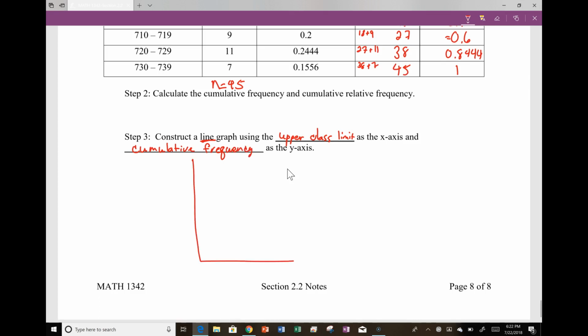So if I draw my lines here, my first upper limit was 679, 689, 699, 709, 719, 729, and 739. This was time between eruptions.